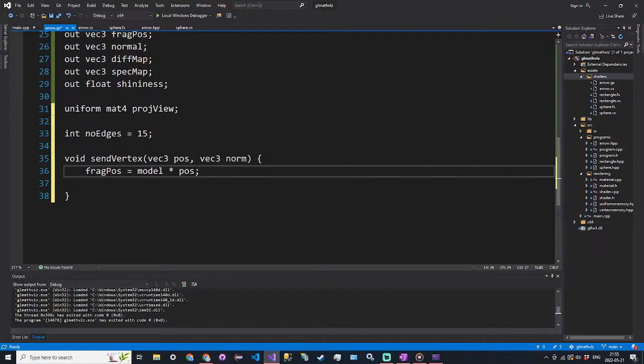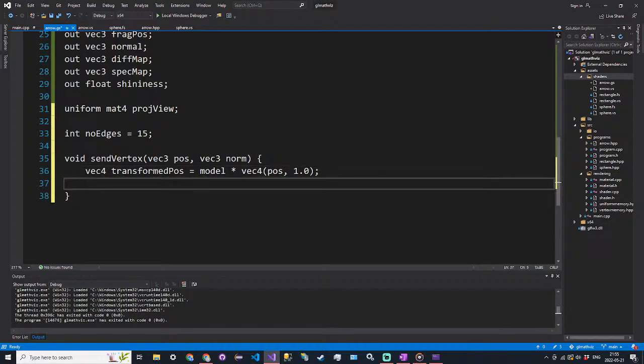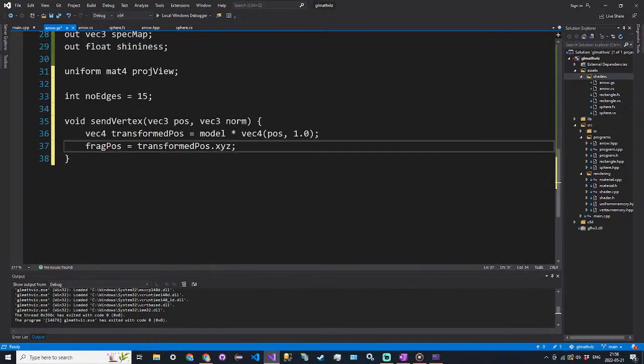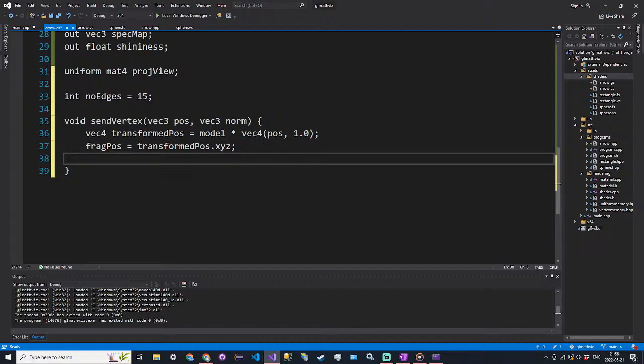Wait, no. Hold on. Nope, that doesn't work. The transformed position is equal to the 4x4 matrix model times the vec4 conversion of the position. And then we set the fragment position is equal to the transformed position dot xyz, because the fragment position going to the fragment shader is just a 3D vector. It's the position in the world. We don't care about that last point. And the normal is equal to the normal model times norm.